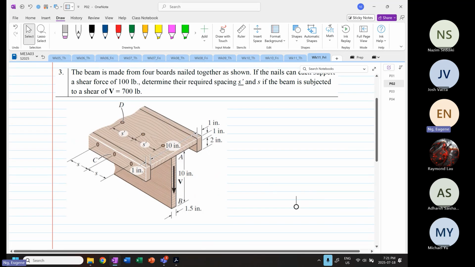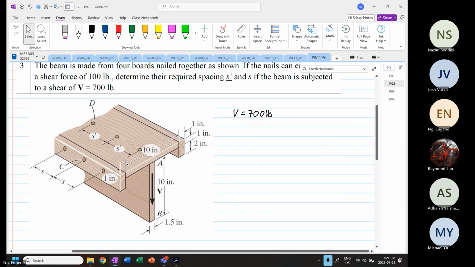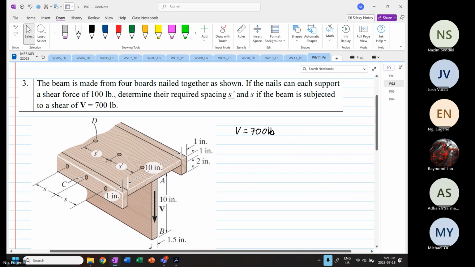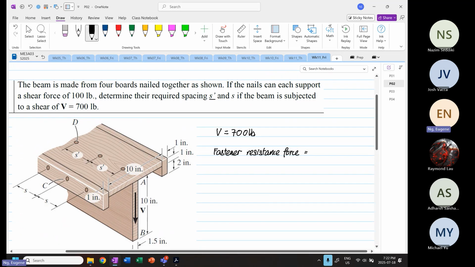Okay, so I'll write other information. So we know that V is equal to 700 pounds. And we are given that the fastener resistance force is at 100 pounds.